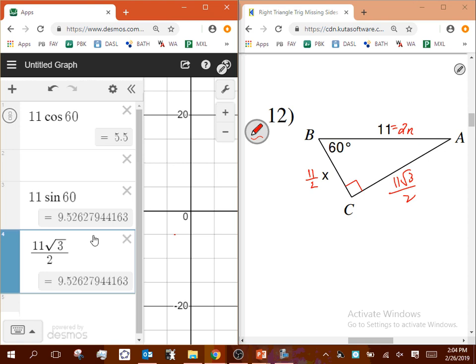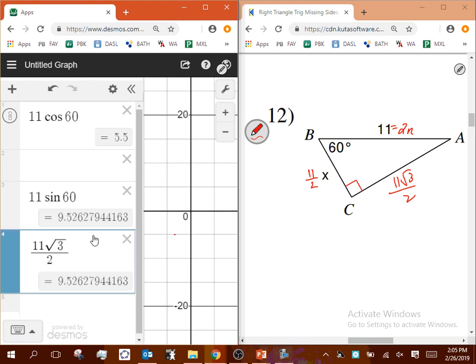Can I type in 11 sine 60? No, I have to type in 11 radical 3 over 2, right? And you have no way of taking that decimal and working backwards to find that 11 radical 3 over 2. I have absolutely no idea how you would do that. Okay? Does that make sense?